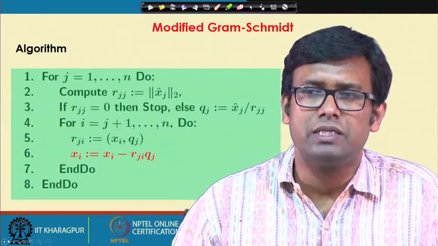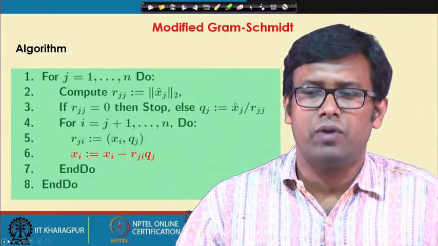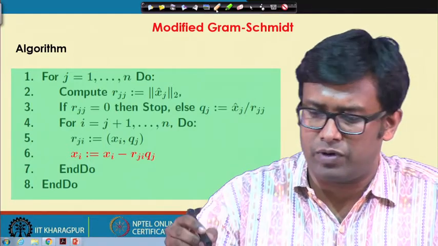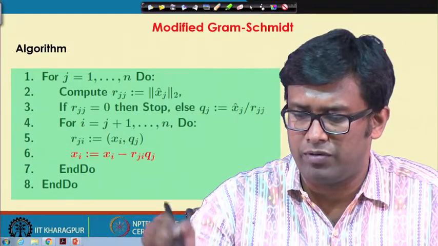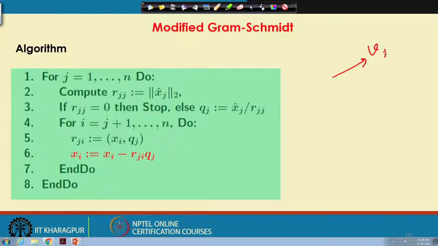So, what we have seen is that we take one particular vector v I, and we have a few orthogonal vectors q 1, q 2, q 3, and so on.